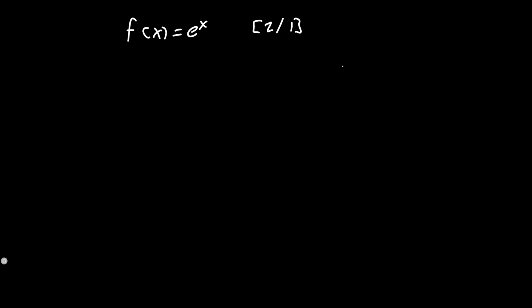This means that if we add the two degrees, 2 plus 1, that equals 3. So we have to compare it to the Taylor series up to the cubed term. We know the Taylor series of e to the x is 1 plus x plus x squared over 2 plus x cubed over 6.